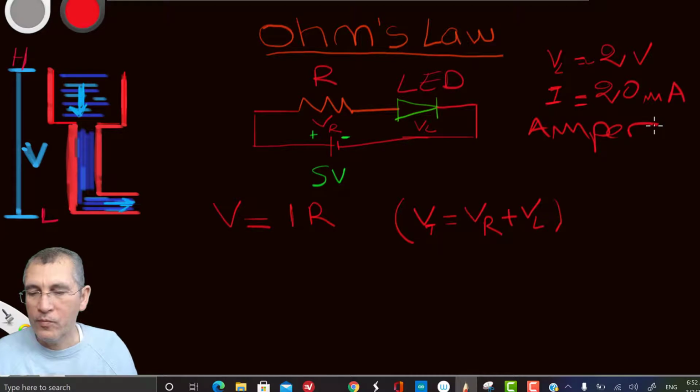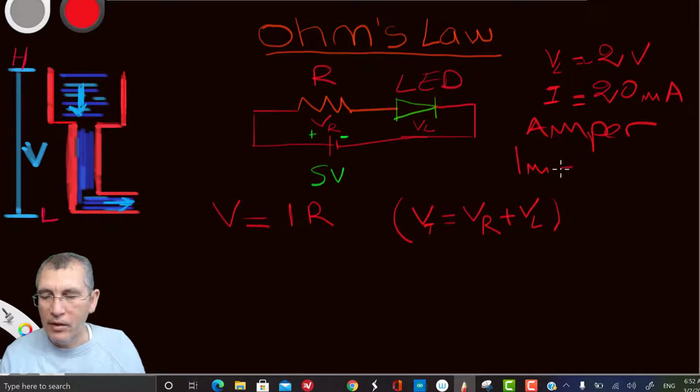Ampere is the unit of current, and here it's in milliamperes. 1 milliampere equals 10 to the power minus 3 amperes. Remember that.